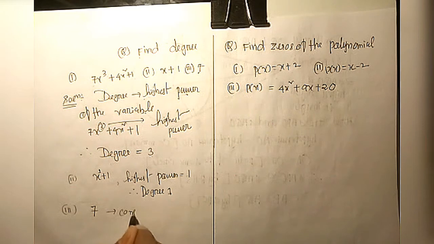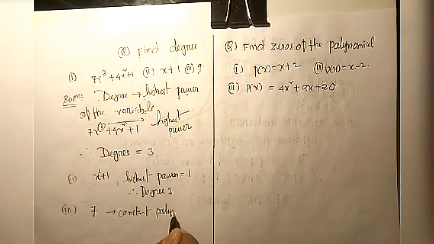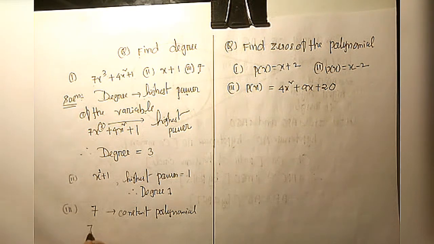We have already discussed that any real number we consider as a constant polynomial. So, 7 is a real number, a constant polynomial. The degree of a constant polynomial is 0, because 7 we can write as 7 into x to the power 0, where x to the power 0 is 1. So, the degree is 0.